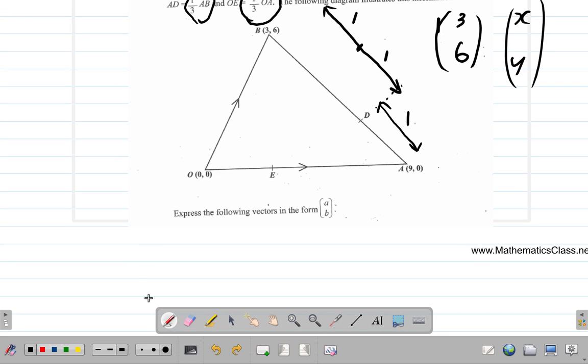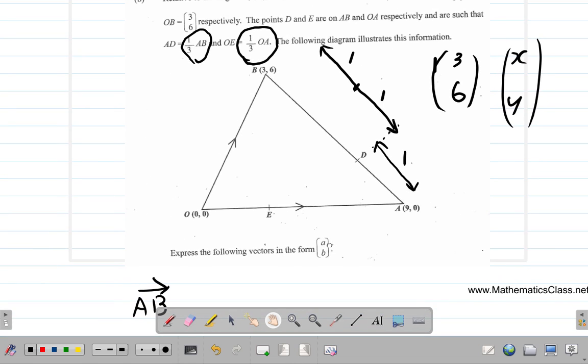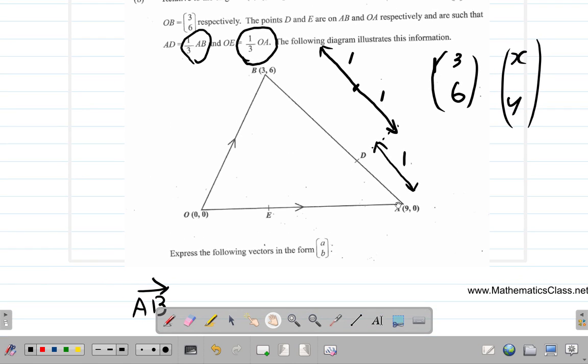We need to express AB in that form. What is AB? From A to B. If we go from A to B, we're going from (9, 0) to (3, 6).